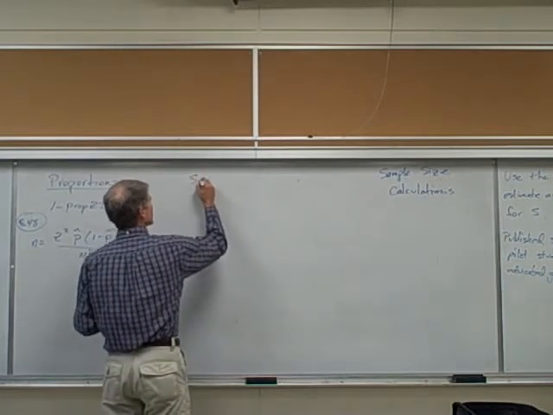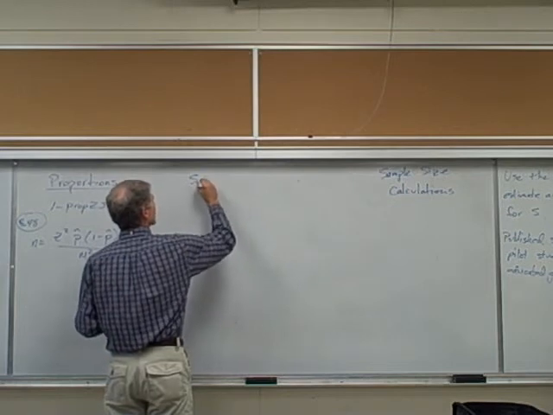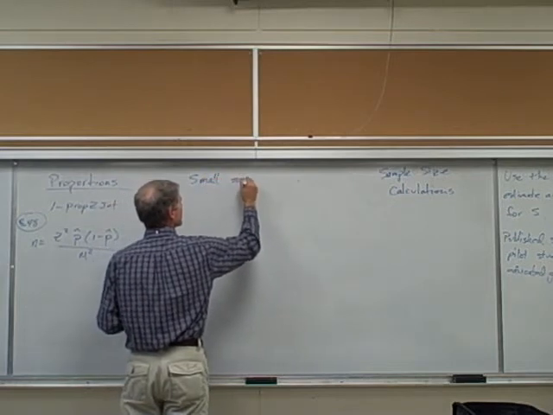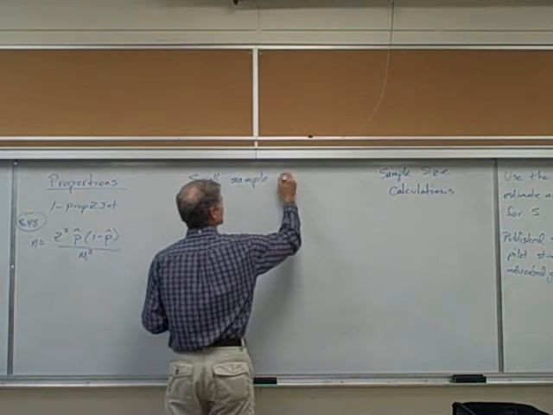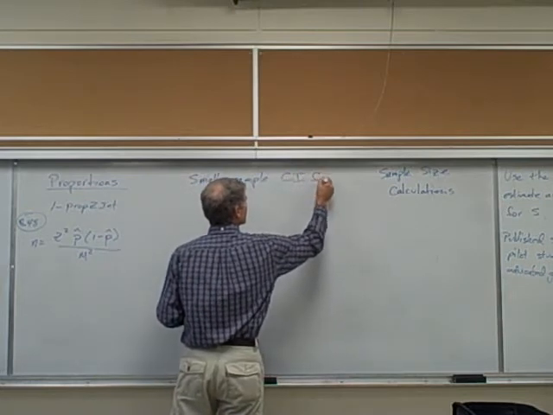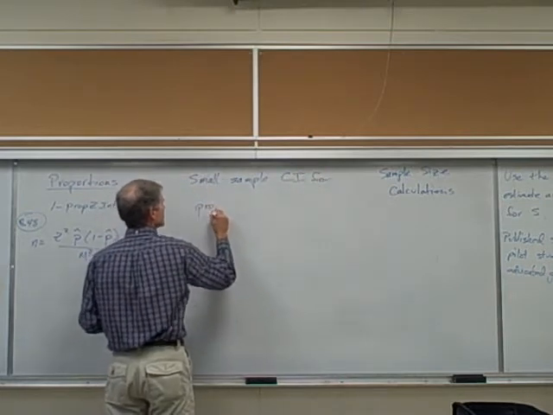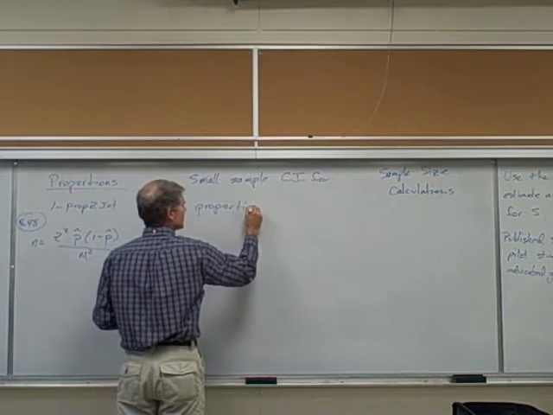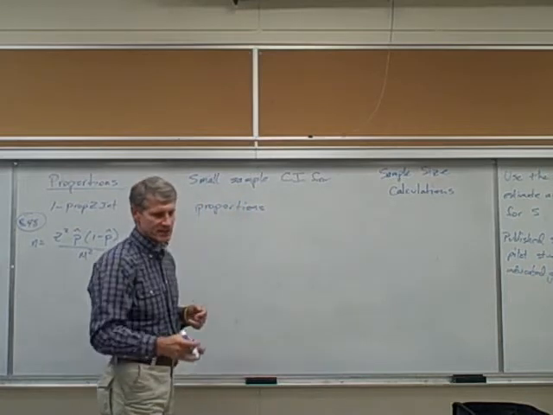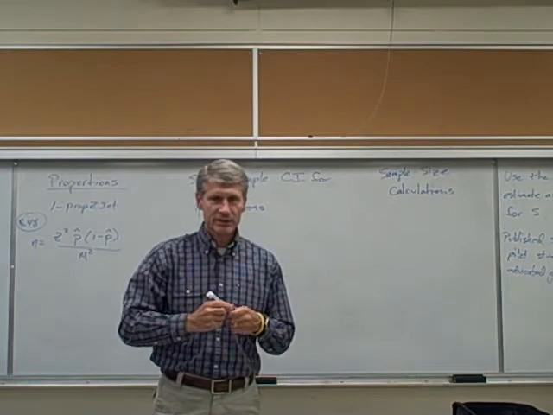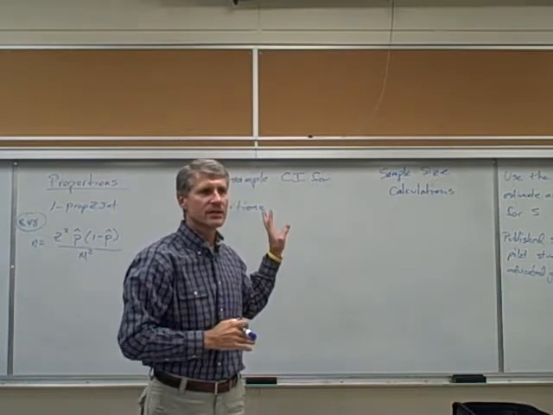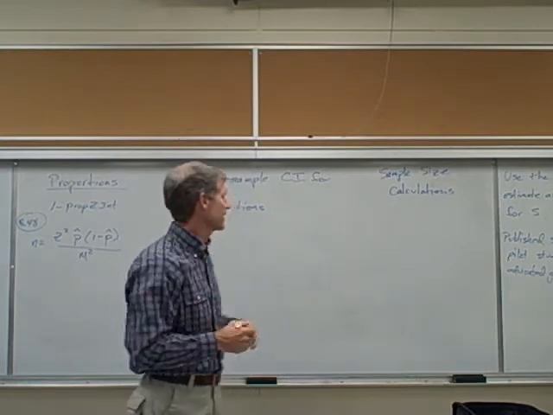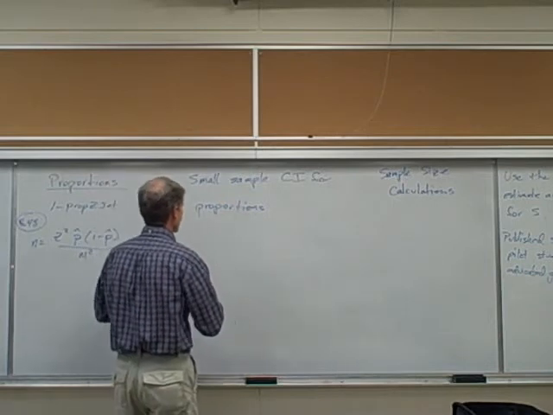So a small sample confidence interval for proportions is very simple. And this author, Agresti, who's the lead author of this book, is the one that published this in the statistical literature and proved that this works.